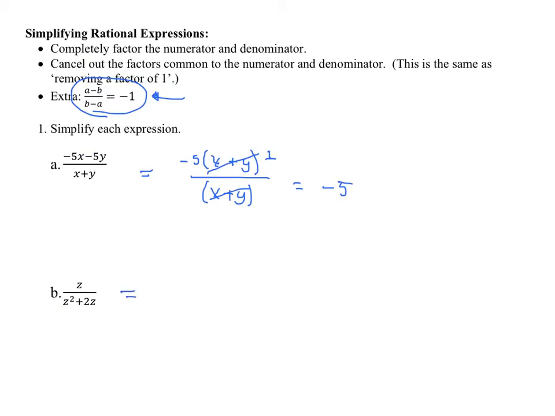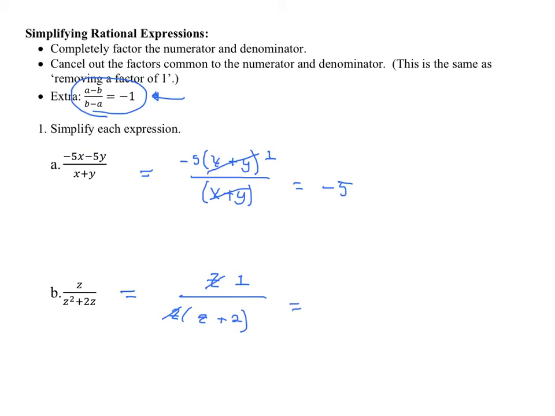Now let's do b. Well, the numerator cannot be factored any further, but the denominator I can pull out a common z. So I'm left with z plus 2. And what do you know? These two z's divide out. But what do I get in that z's place? Well, I get a 1, you guys. Don't forget that when you divide out, you're getting 1 over 1 or 1.